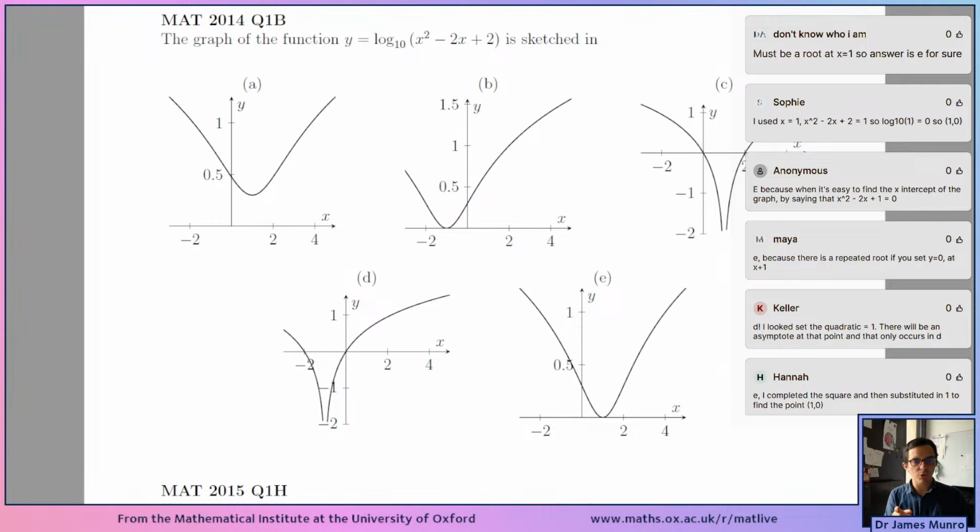So when x is 1, oh, that works really well actually. If you look at x equals 1, then you get 1 minus 2 plus 2, which is 1 inside the brackets. And you've got log base 10 of 1, which is 0. Actually, I think only one of the graphs has the value 0 when x is 1. You get a root at x equals 1. So people have gone for E, I think.